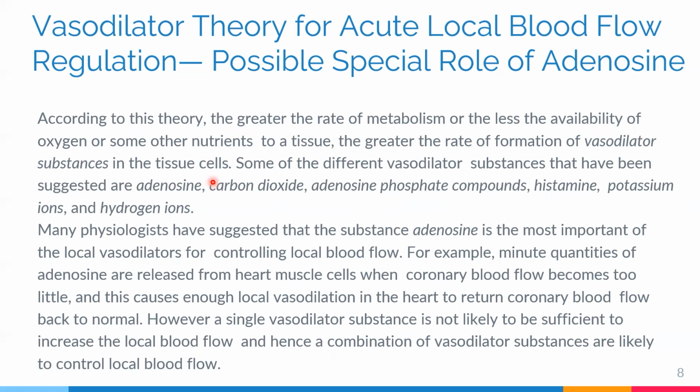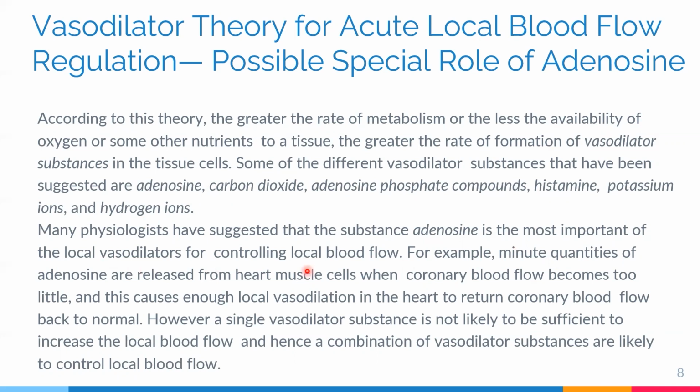Some of the different vasodilator substances that have been suggested include adenosine, carbon dioxide, adenosine phosphate compounds, histamine, potassium ions, and hydrogen ions.